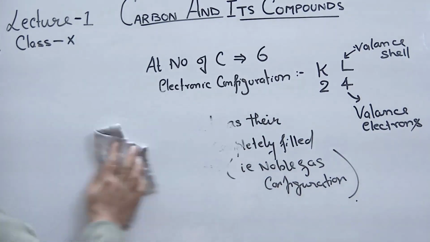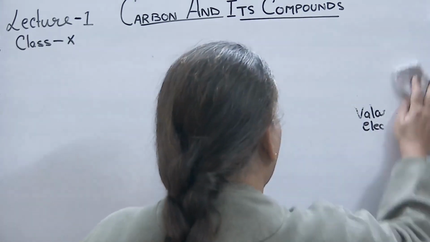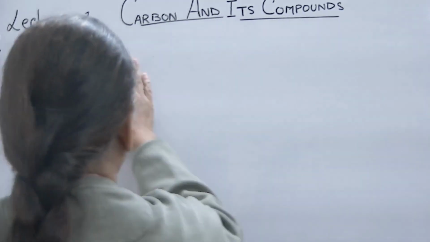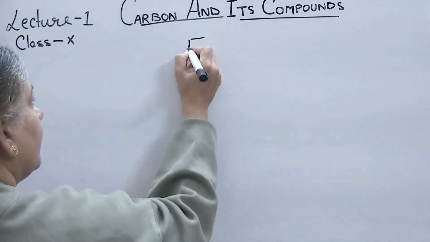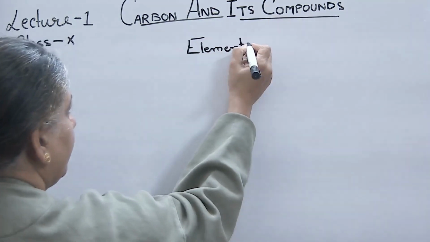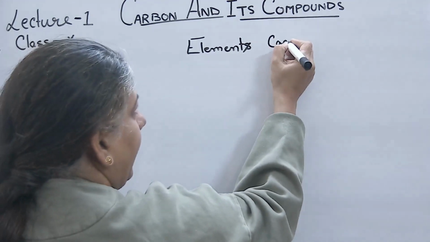See, elements react either by giving electrons or by taking electrons. Elements can react in two ways.